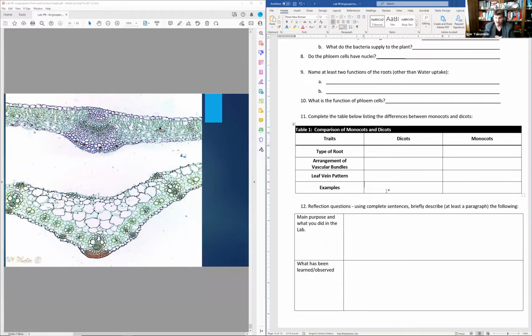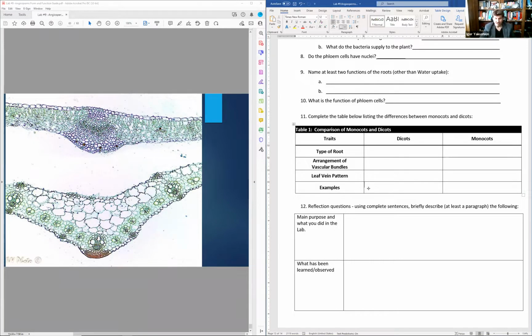Lots of grasses are monocots. Corn, that's the one we're eating, is a monocot. Wheat is the, not weed. No, weed, the marijuana, is a dicot, but wheat, the stuff we're making the flour from, would be a monocot.